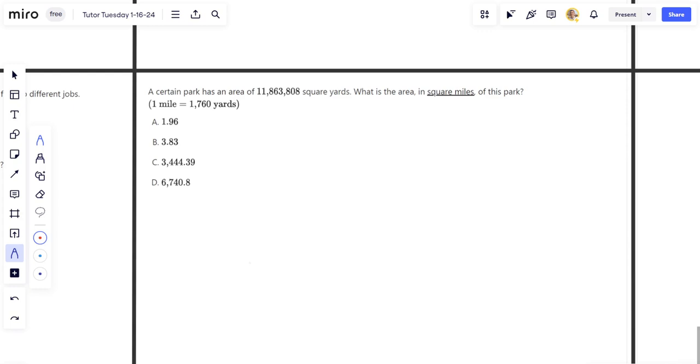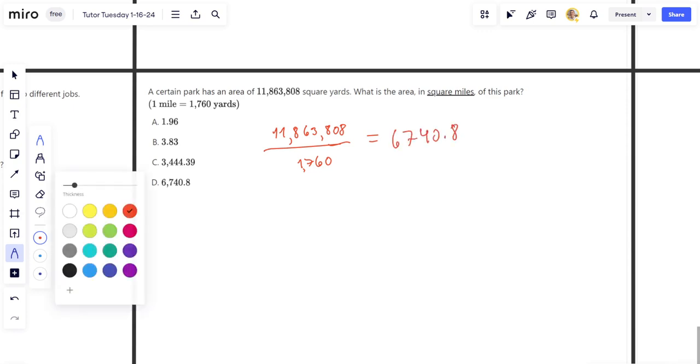It would be a bit of a mistake to just take 11,863,808 and divide this by 1760. So what does that equal? 11,863,808 divided by 1760 would be about 6,740.8. This is not correct.